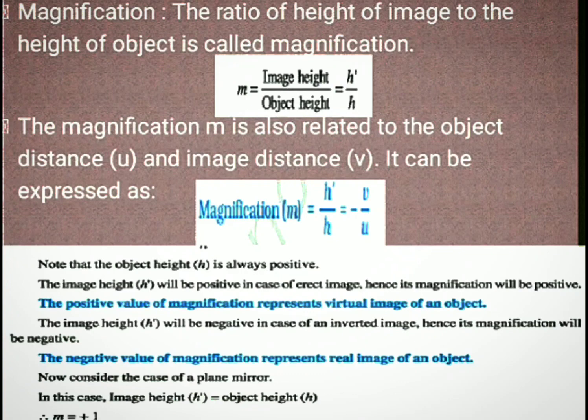Whereas if we obtain an erect image, then the height is directed towards the positive y-axis and it will be considered positive. Now in the case of a plane mirror, the height of the image and the height of the object are both erect. That means the magnification of a plane mirror is always plus 1, that is positive.